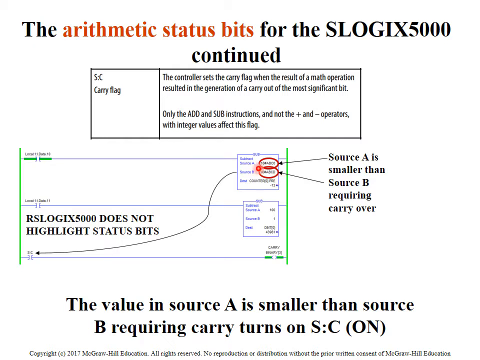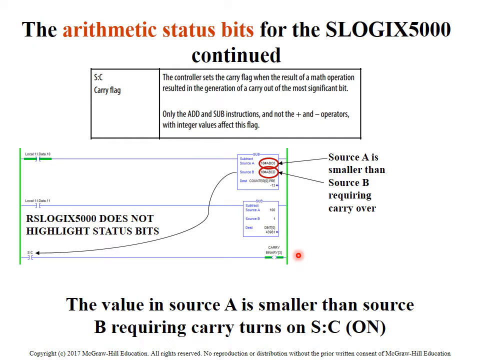The value I'm subtracting from is smaller, or I'm pulling more from it than there is in that register. That means it's got a carryover from basically pulling another bit from another word to attain a valid number.